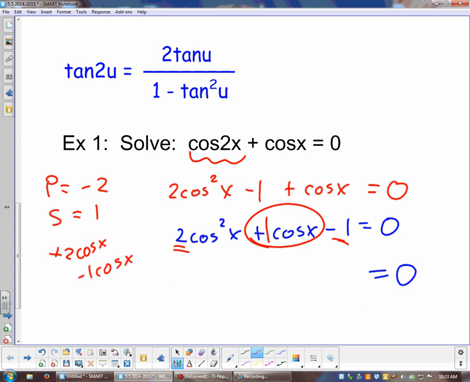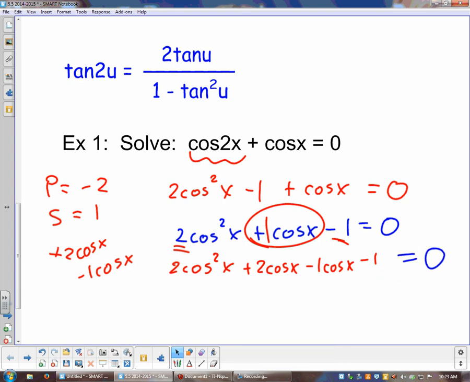So if I factor by grouping, what could I factor out of the first two terms, John? And what's going to be left after I factor out 2 cosine x? And then what could I factor out of the negative 1 cosine x minus 1? Anna?